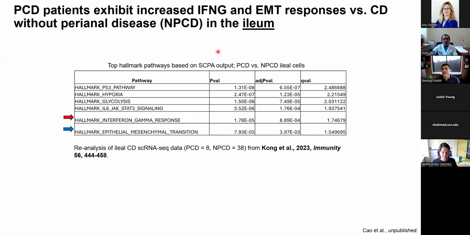And besides the rectum, we also used single cell data from a publication from last year. Basically, this study specifically looked at patients with ileal Crohn's disease. So we reanalyzed this data, and we compared the expression of genes from patients with Crohn's disease with or without perianal disease.